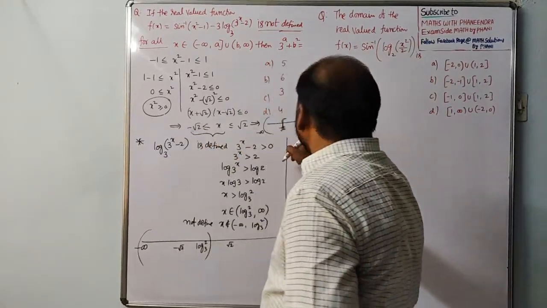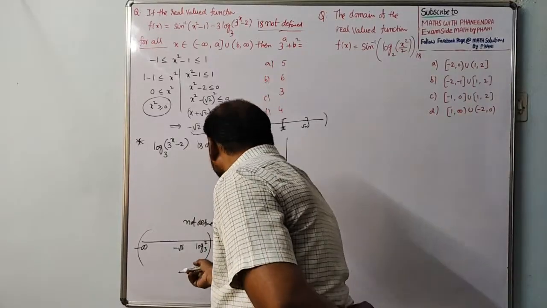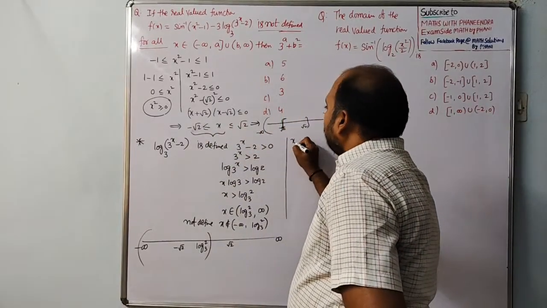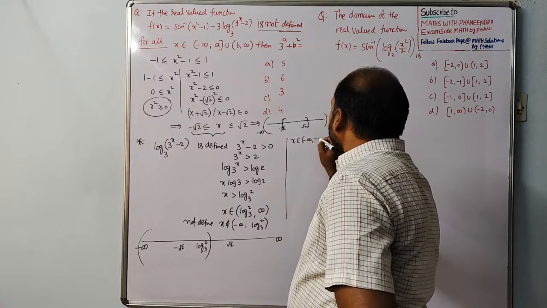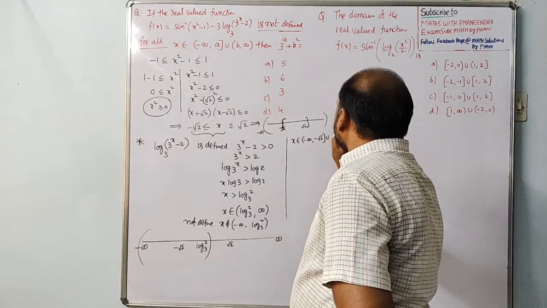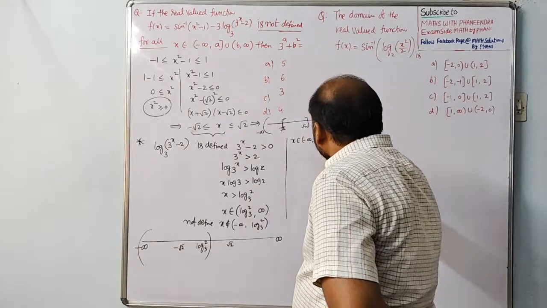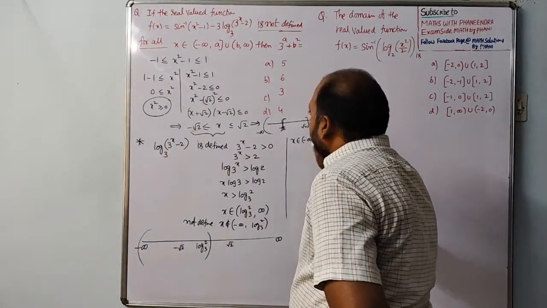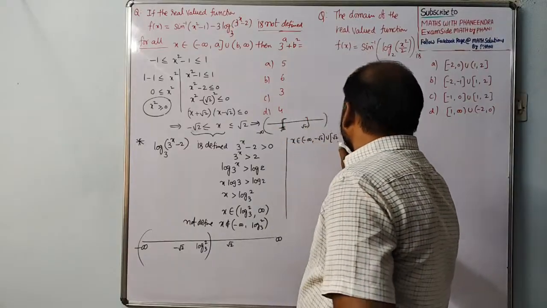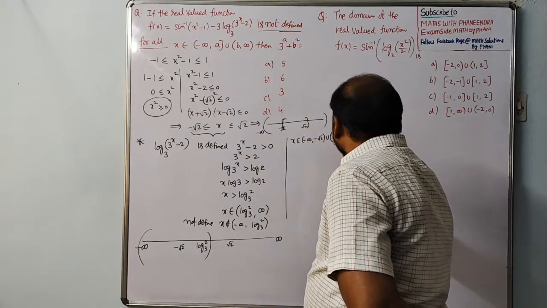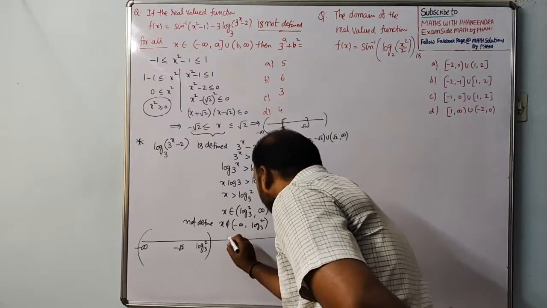This is defined for, not defined. x belongs to open minus infinity to minus root 2, union root 2 to, even here also, greater than or equal to 0, less than or equal to means remaining is only greater than 0, root 2 to infinity. So from where to where does it come?